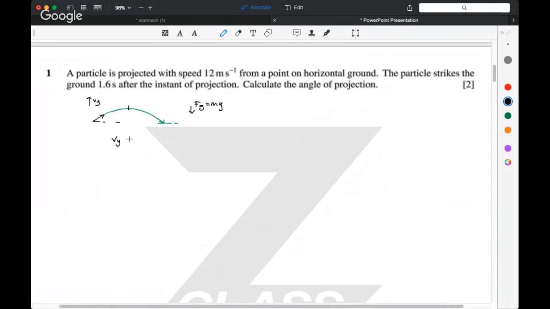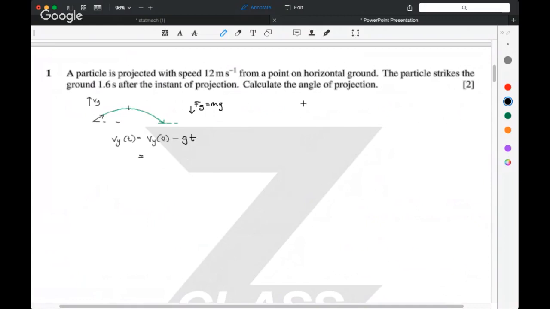So vy as a function of time is going to be equal to vy at time 0 minus, that's for the distance traveled, minus gt. So whatever it is at 0, it gets eaten away by the deceleration, and then you get the current velocity. So what is vy of 0?